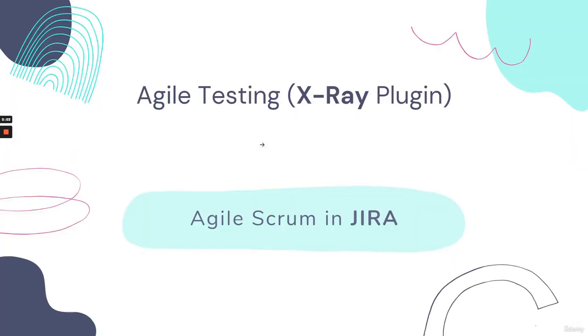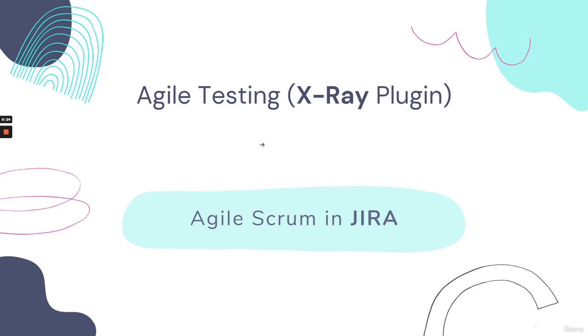Although JIRA has powerful features and functionality for managing and tracking an agile Scrum-based project, it lacks a lot of core functionality and features for easily tracking the software testing lifecycle.